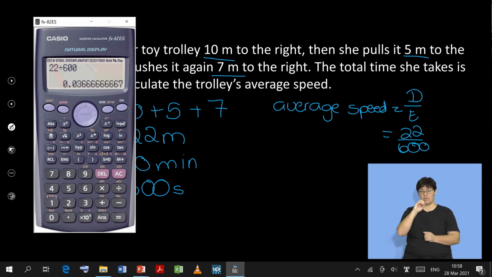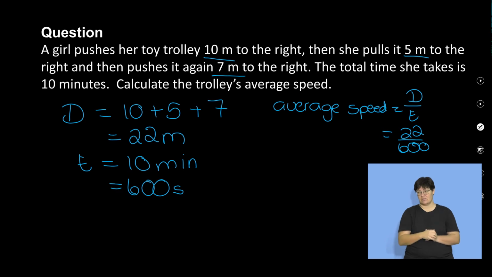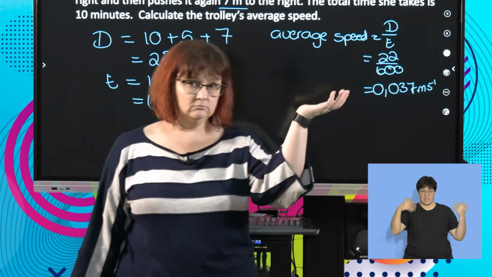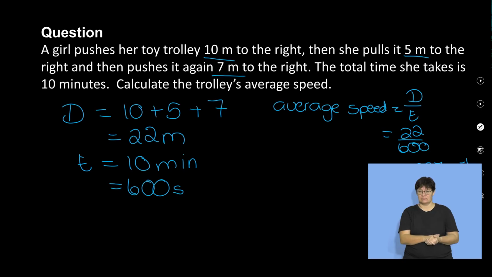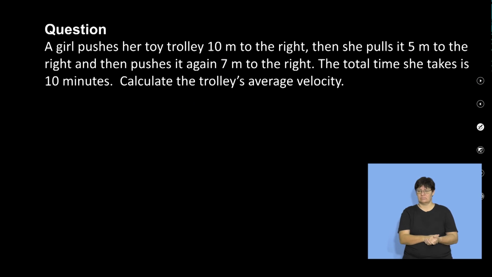We're definitely going to round this off. And I'm going to round it off to 37. So she was going 0.037 meters per second. This is a speed. I don't care about the direction at all. Doesn't matter, okay? So, oh man. Next one.